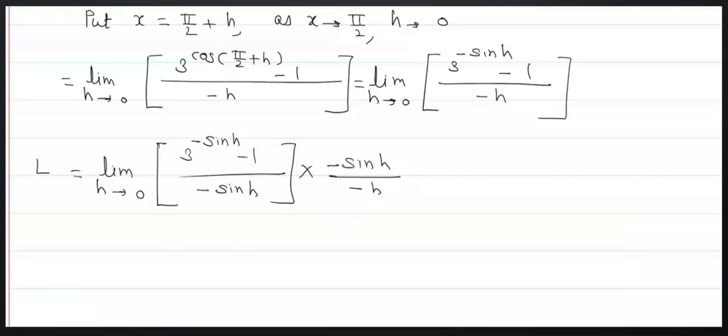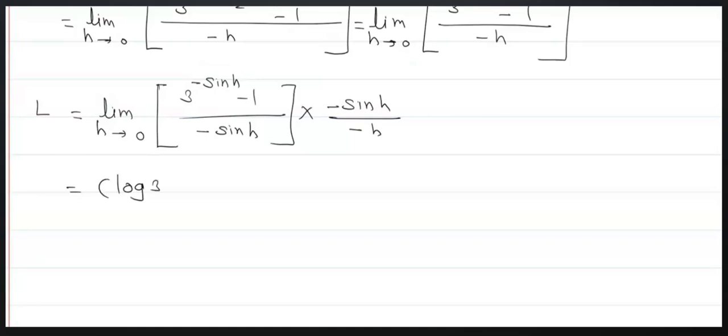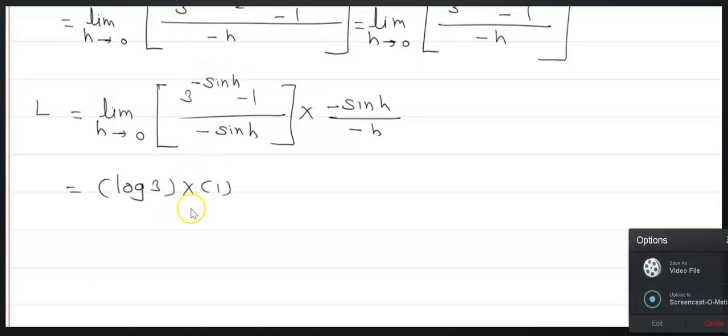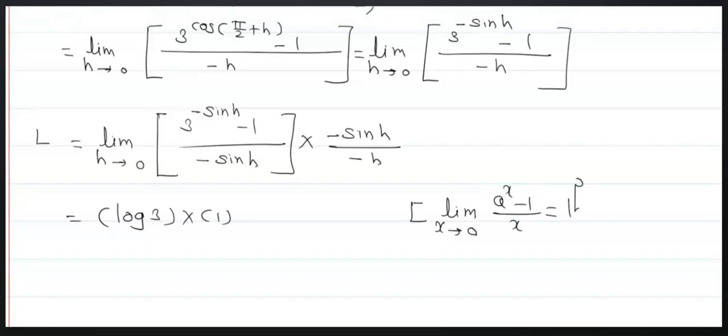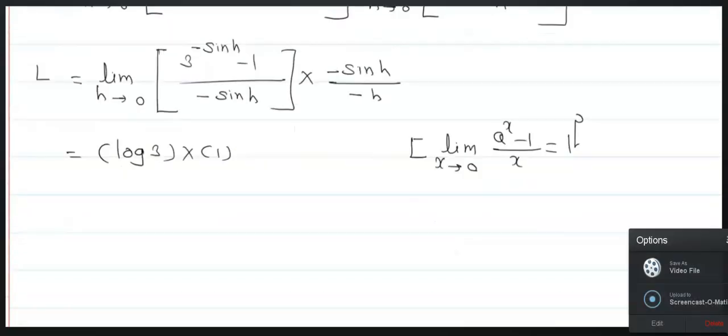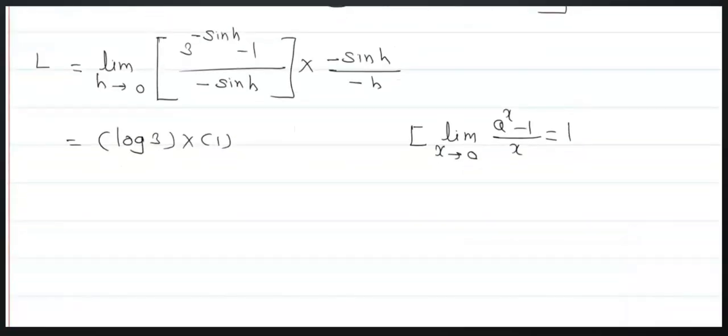Therefore, this is the log of 3. The value of this limit, then minus minus will become plus, and therefore you will get limit x tends to 0, a raised to x minus 1 upon x equals log of a, as h tends to 0, sin h tends to 0.